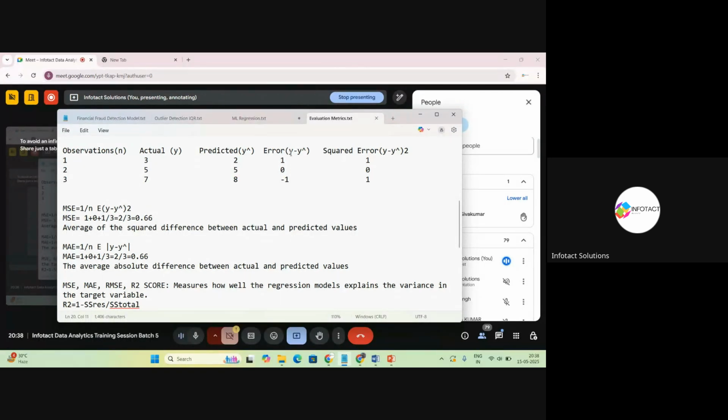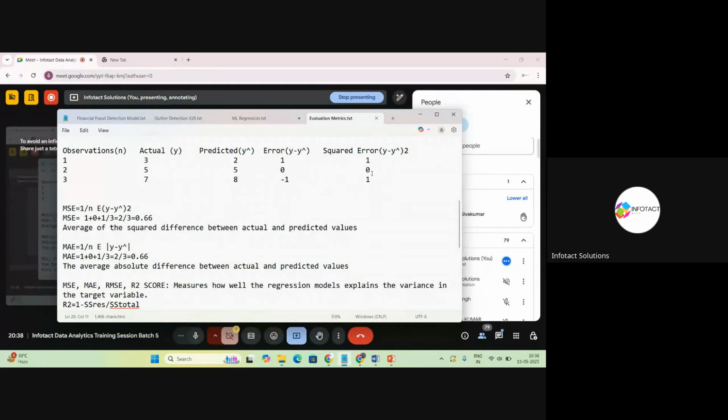This is y minus y dash, where y is actual and y dash is predicted. Then the square error means y minus y dash squared: 1 squared is 1, 0 squared is 0, minus 1 squared is 1.